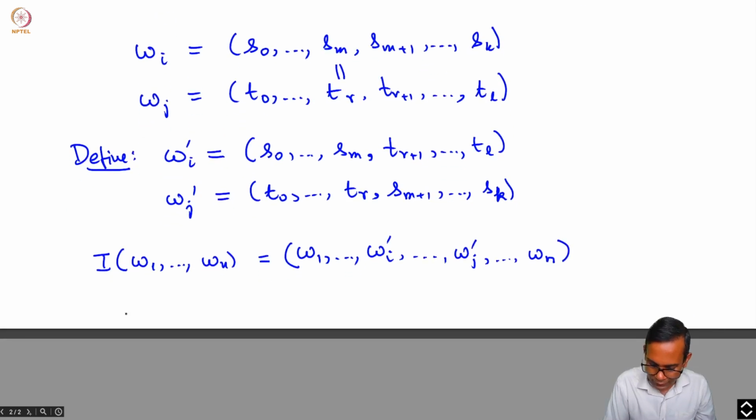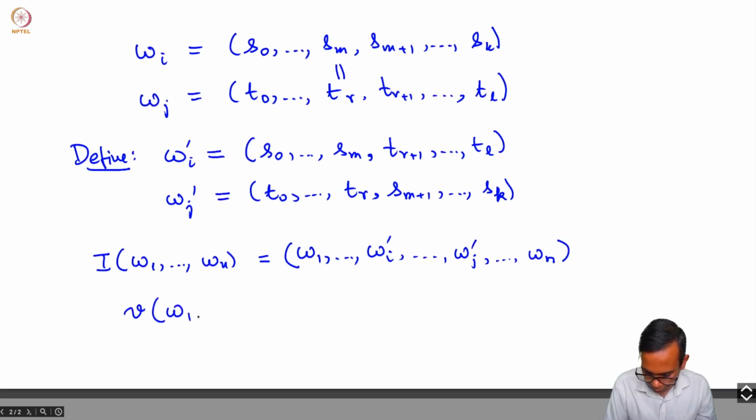What we have is that the weight of omega 1 up to omega n is equal to the weight of I of omega 1 up to omega n.